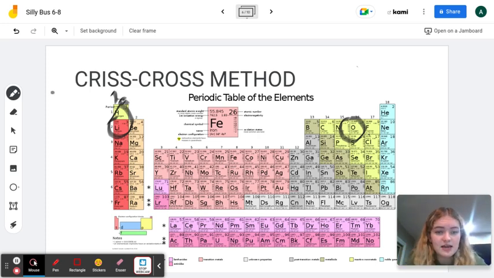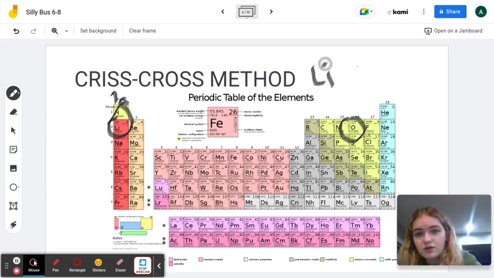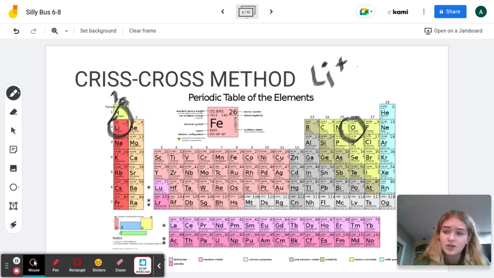And because it is over here, that means it usually gives up that one valence electron for its full octet, meaning that lithium will have a charge of +1. If you don't know how to do that, I would totally review how to figure out charges, because that is essential in writing these formulas.